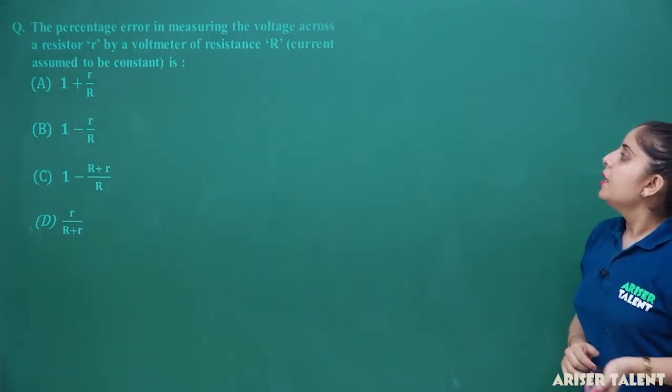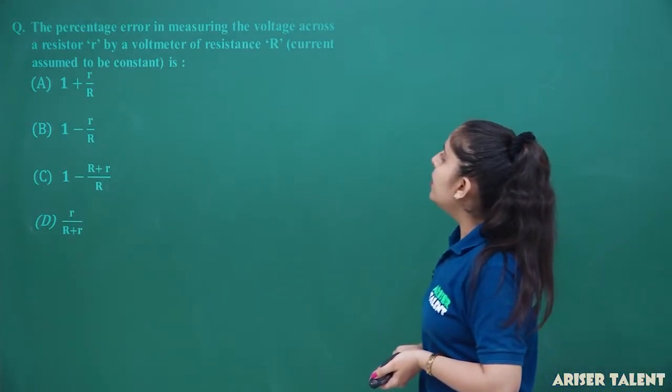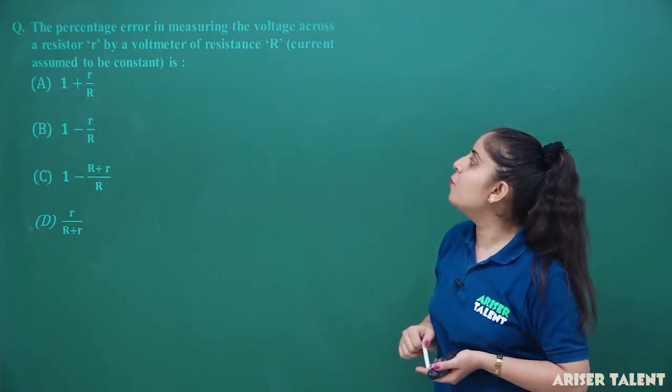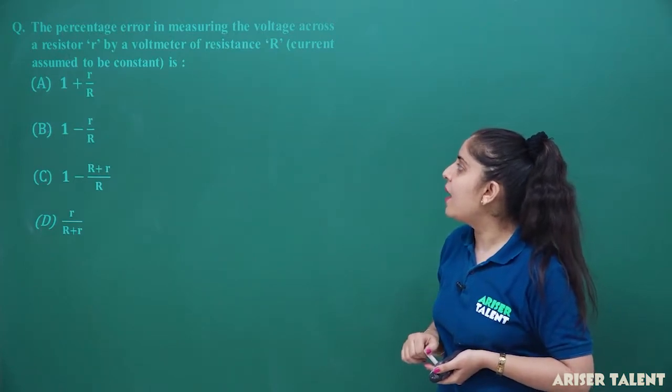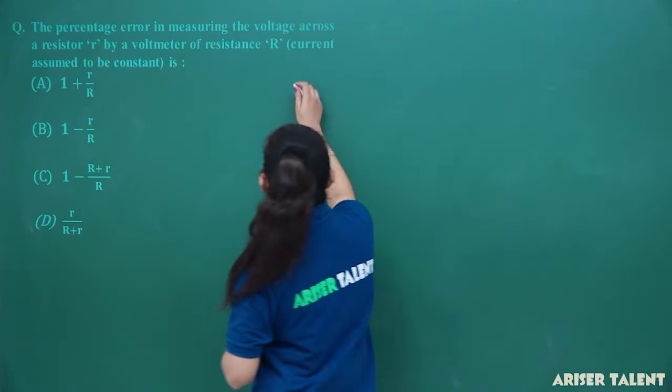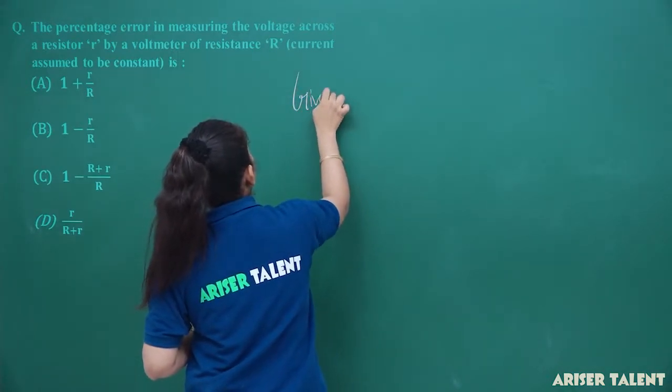Now, the percentage error in measuring the voltage across a resistor small r by a voltmeter of resistance capital R, current is assumed to be the constant is. So, first write the given conditions here.